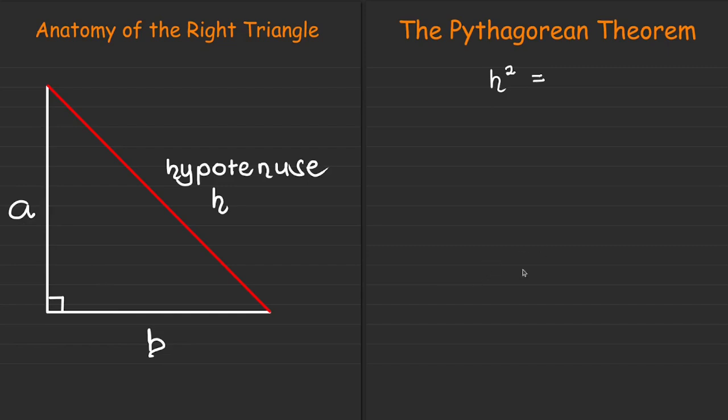We can call them the legs or the perpendicular sides. So our hypotenuse squared is equal to a squared plus b squared. This is just the formula. This is what we call the Pythagoras theorem.